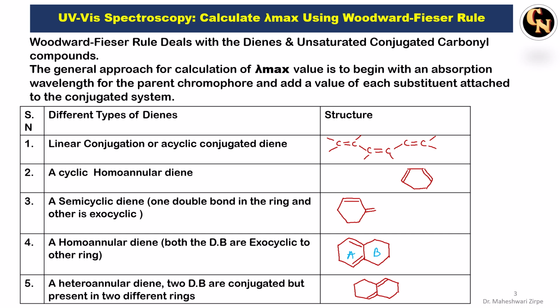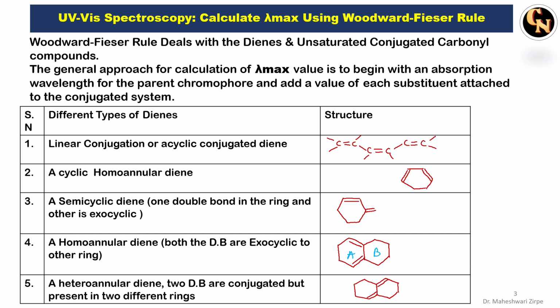Then the next one is heteroannular diene, that is, two double bonds are conjugated but present in two different rings. I will show this with the highlighter. You can see here the diene is double bond, single bond and double bond, but both the double bonds are in different rings.